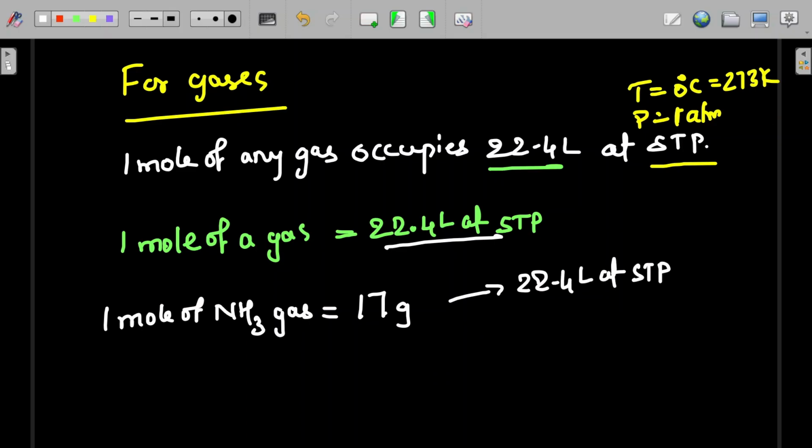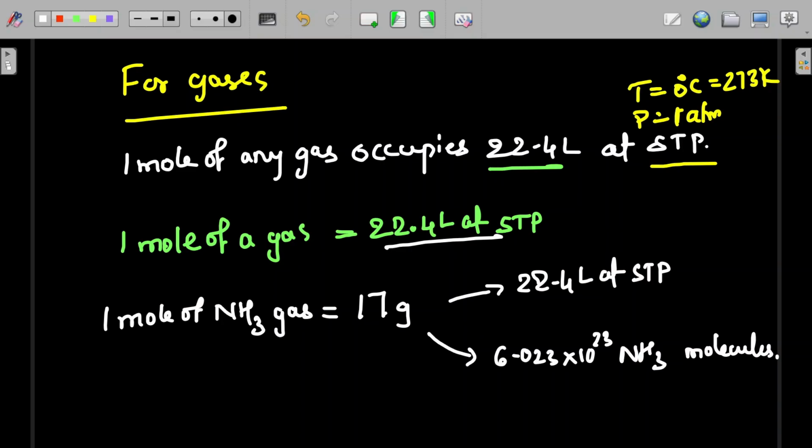And what will be the number of molecules in 1 mole? 6.023 into 10 to the power of 23 ammonia molecules. Now you have all the relationships required for the calculation part. If you know these three things, they will just change the questions. But the basic relationships, you should know.